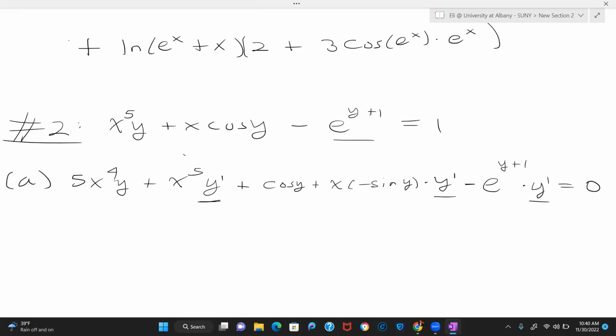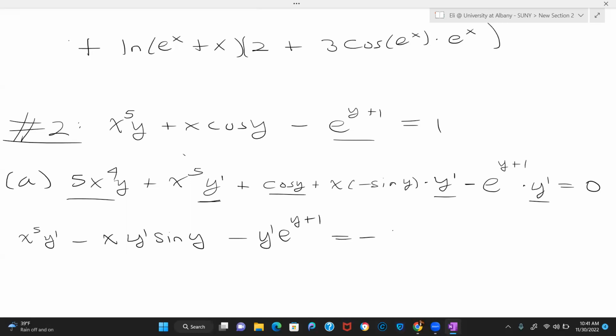So we're going to have x to the fifth y prime, plus or minus, I should say, minus x y prime sine of y, minus y prime e to the y plus 1. That's going to be equal to, let's see, this term doesn't have a y prime and this doesn't either, so those go on the other side.